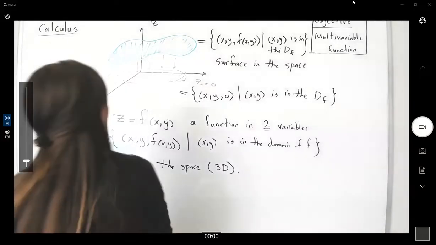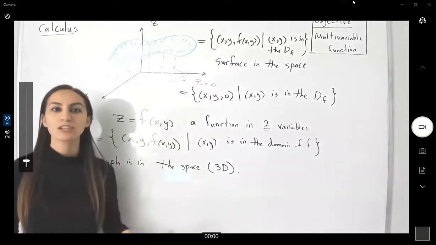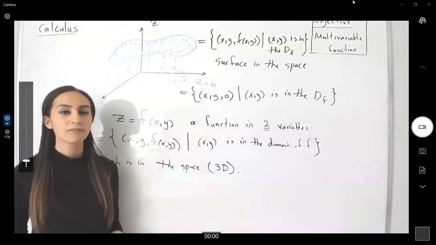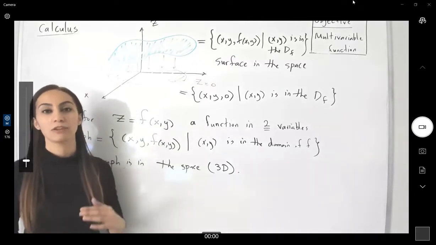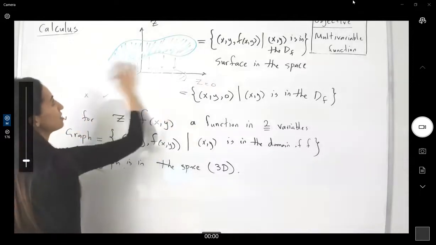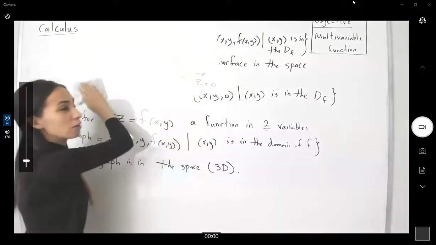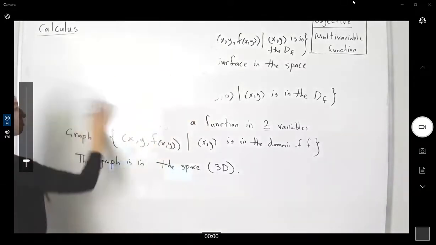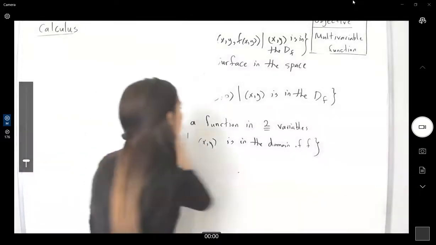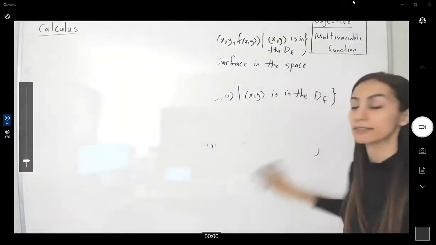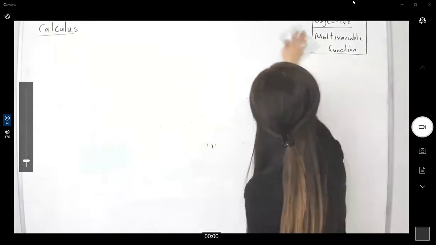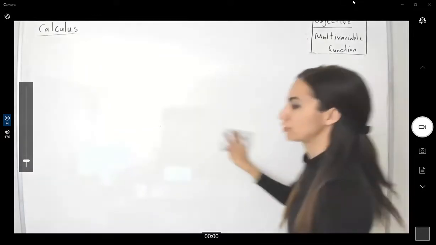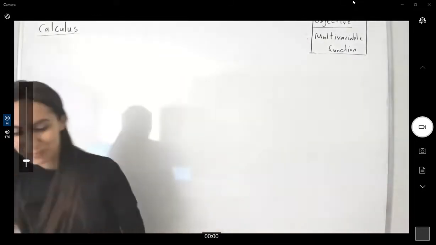Another way to analyze graphs of functions is using level curves. What is the definition of level curves, and how do we find level curves of a function? So suppose you have a function in 2 free variables.